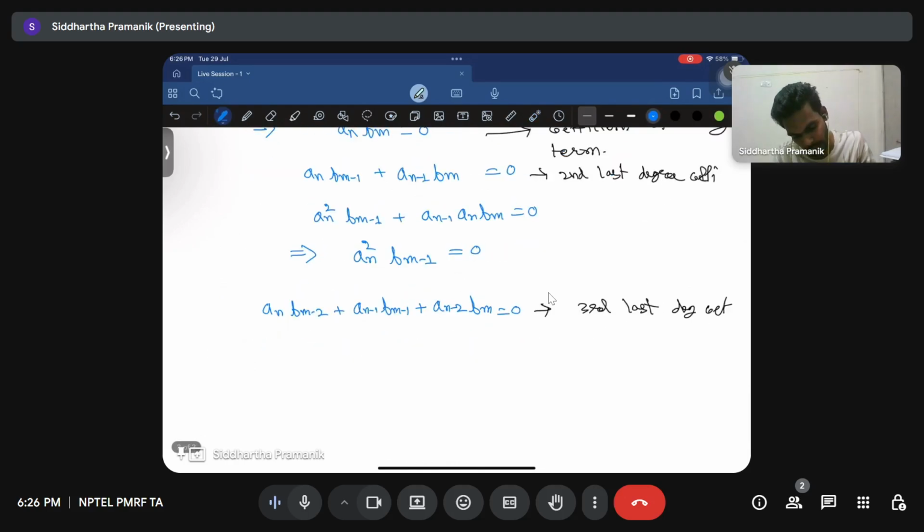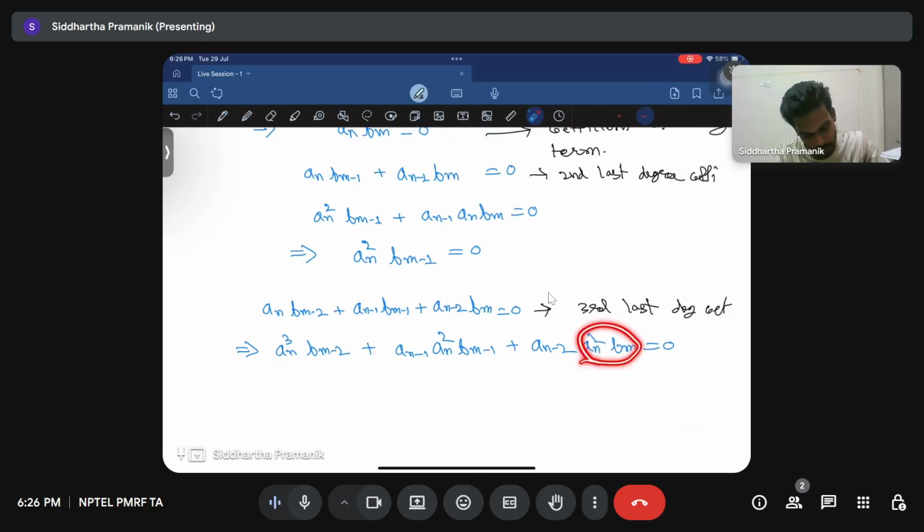Now let's multiply this with an square. You will get an cube bm minus 2 plus an minus 1 an square bm minus 1 plus an minus 2 an square bm equals 0. Now this term is also 0, this term is also 0. So what are we getting?